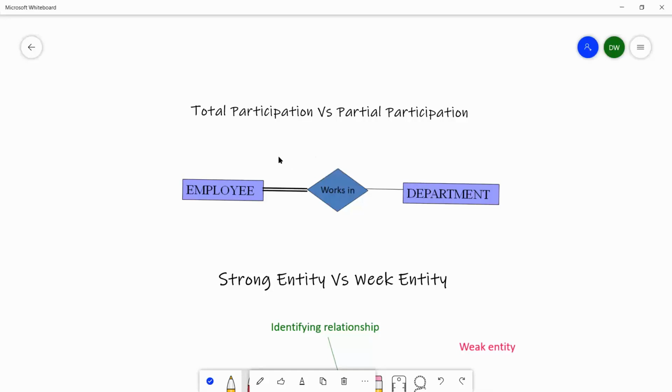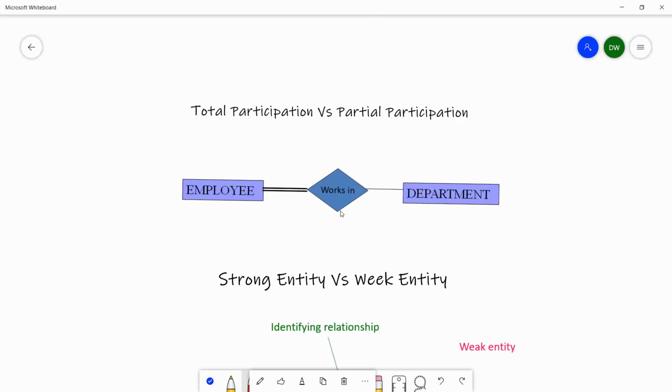For an example, assume I'm going to mark cardinality for this part of the ER diagram. Here, what is the relationship we have? The relationship we have is works in, and we have two entities, entity employee as well as entity department, right?